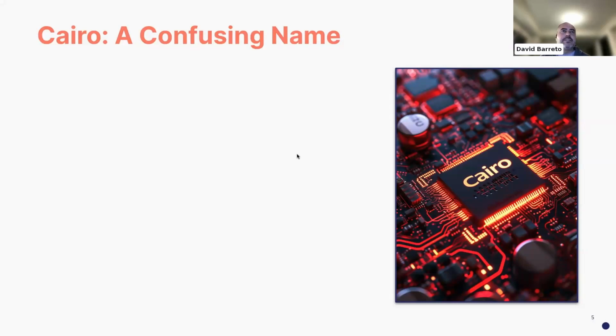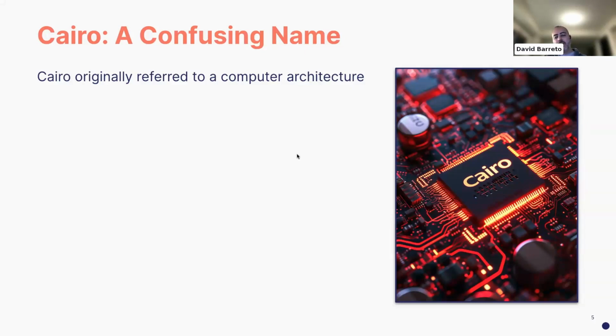Now, Cairo is actually a confusing name because it has multiple different meanings. So far, when we talk about Cairo, we mostly talk about the language, but the original name Cairo was a reference to a new type of computer architecture that is fine-tuned for validity proofs. This computer architecture is known as the CPU AIR, and AIR means algebraic intermediate representation.